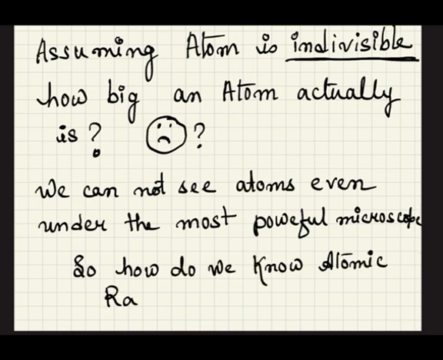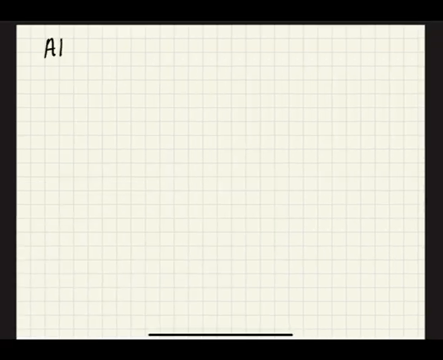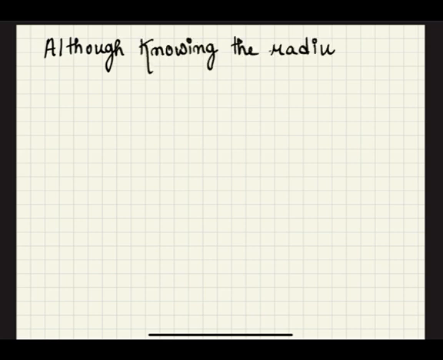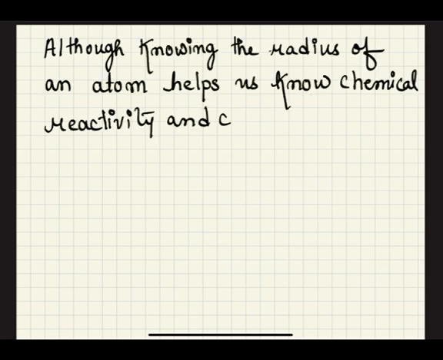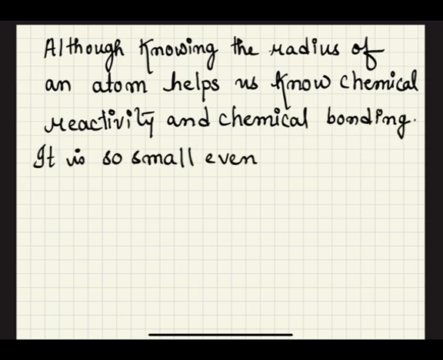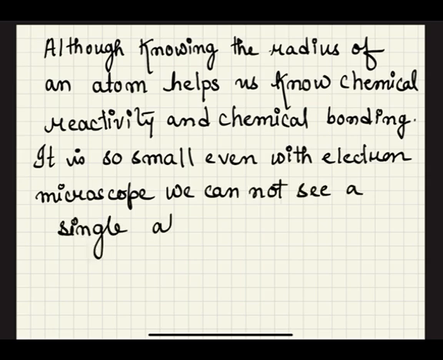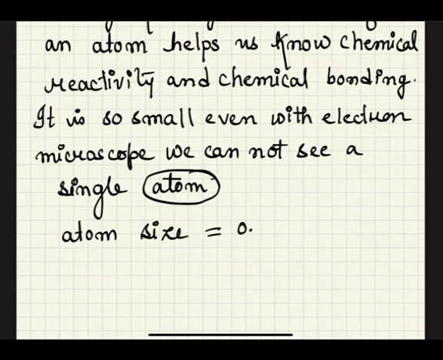So, how do we know the atomic radius? Although knowing the radius of an atom helps us understand chemical reactivity and chemical bonding, it is so small that even with an electron microscope we cannot see a single atom.